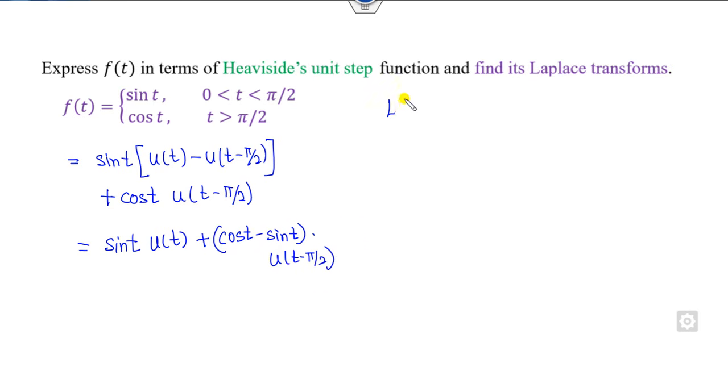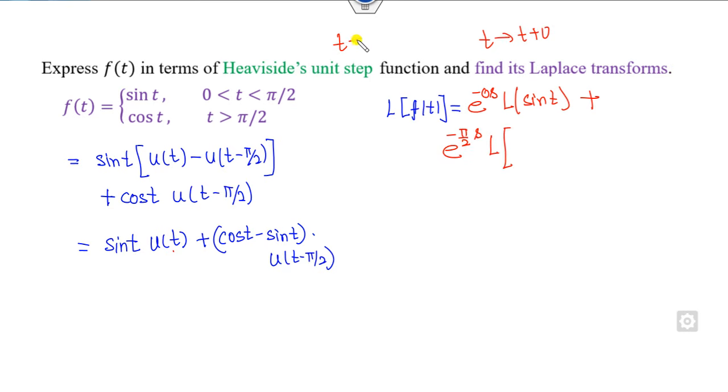Now you can find the Laplace. What is the Laplace of f of t? First term is 0, so e raised to power minus 0s. I can replace the small t by t plus 0, that's the same thing, sin of t, plus e raised to power minus pi over 2s.